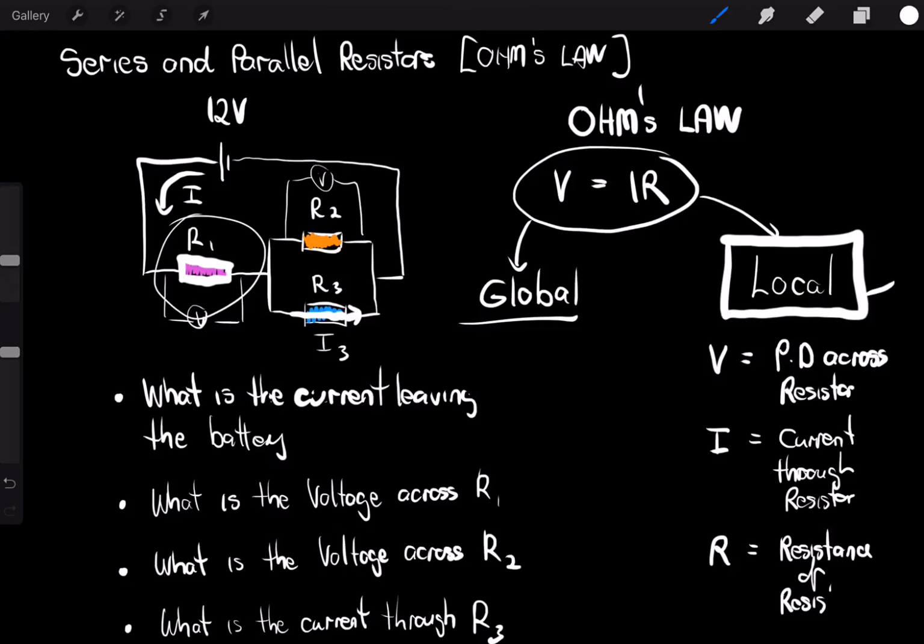That's why I call it the local version, because we're looking at parameters that are specific to this particular resistor.